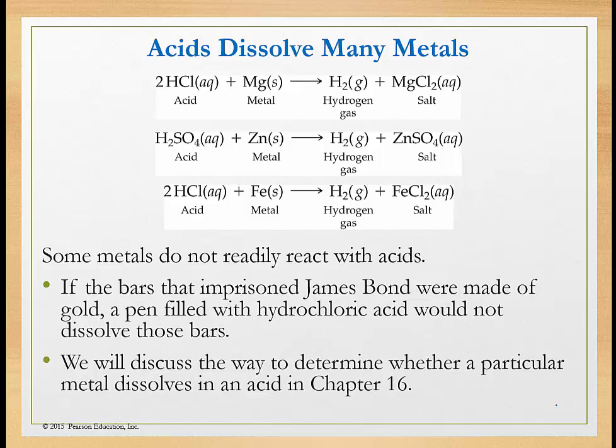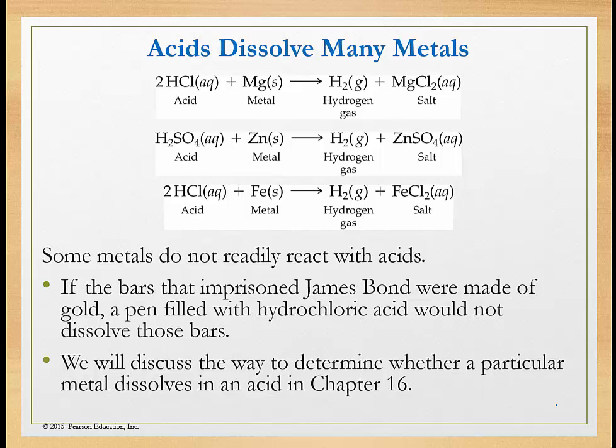Now, we already stated earlier that some metals are resistant to reaction with acid, for instance, gold. So the reason James Bond carried the acid in a gold pen is because most acids don't react with gold. He would spray the acid on iron bars to get it to dissolve.